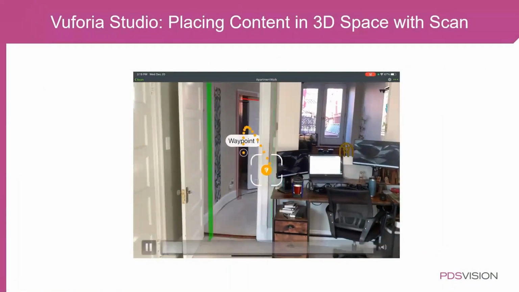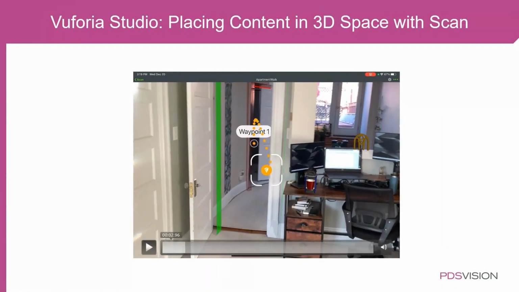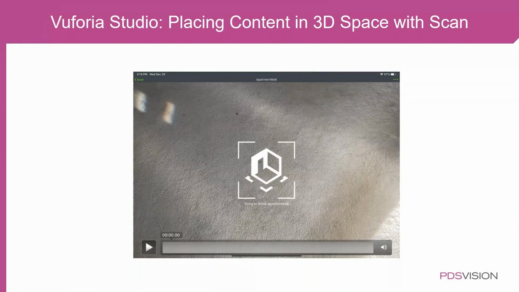If I give a little more context here, this is using Polycam to do a scan of, in this case, a room, and then using Vuforia Studio to provide content relative to that room.